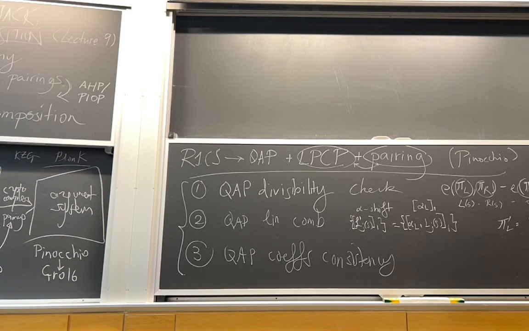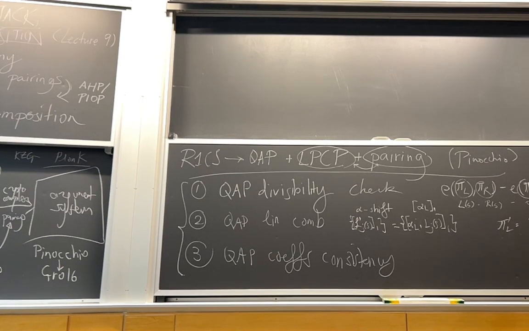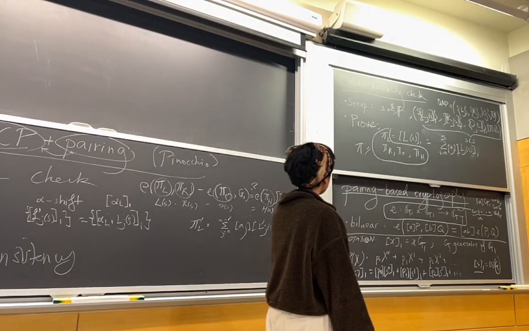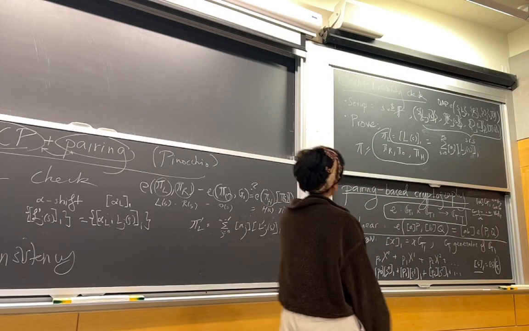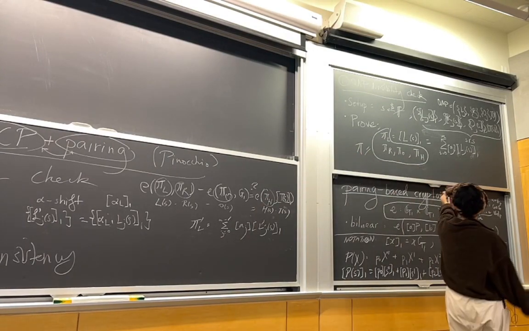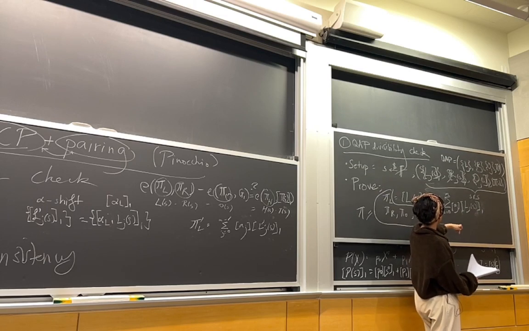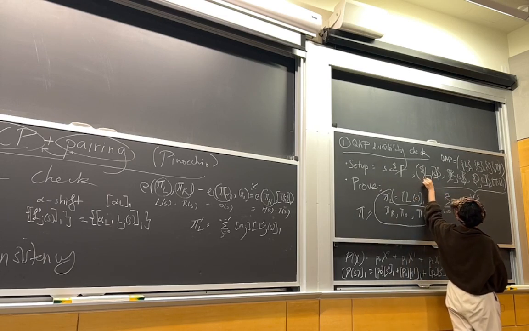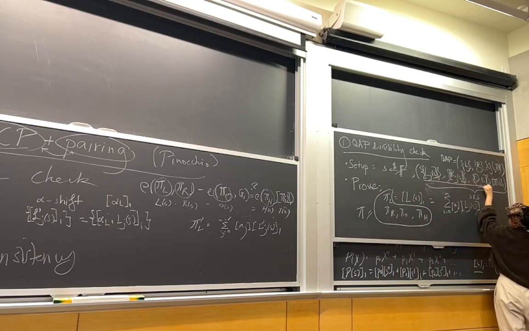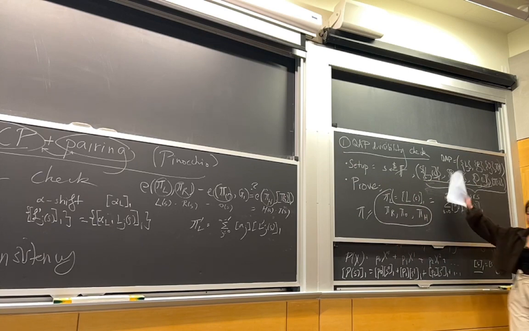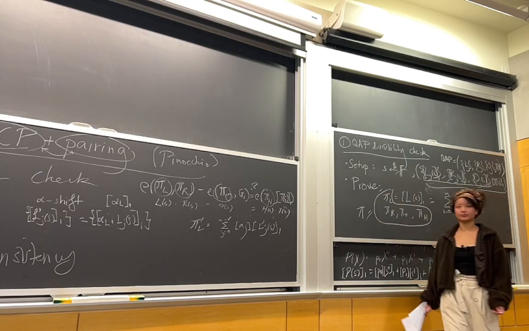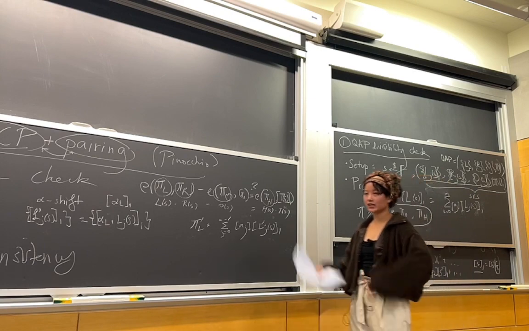Sorry, there was a question there. Why is the first part of the setup circuit specific? The first part meaning the commitments to the evaluations of LJ, RJ, and OJ at a secret point S. Now, what is your circuit?